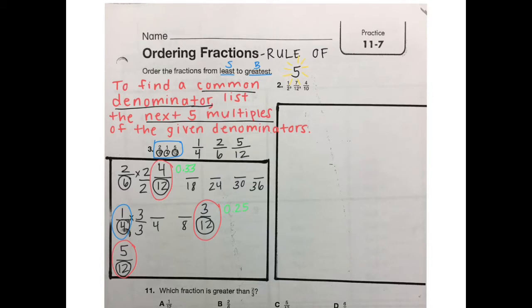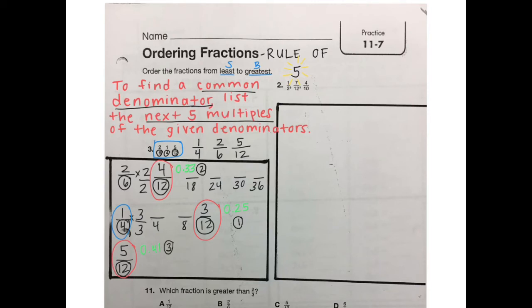And if I turn 5/12 into a decimal, I get 0.41. So if I put these in order, from smallest to biggest, my smallest is going to be 0.25, my middle one is going to be 0.33, and my biggest is going to be 0.41.